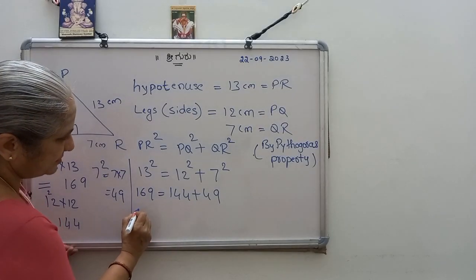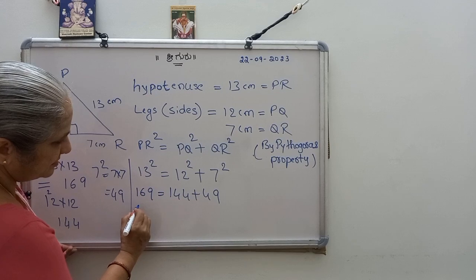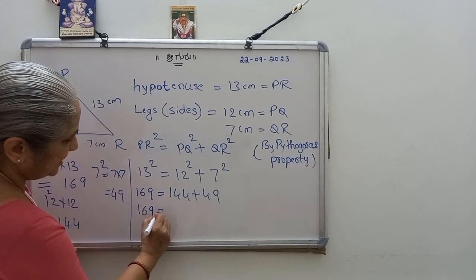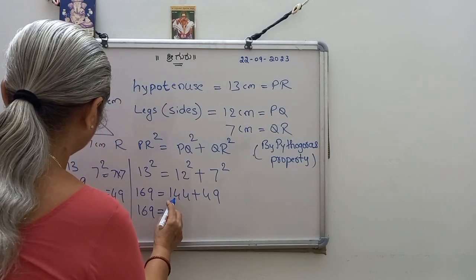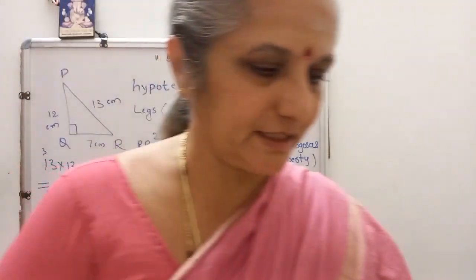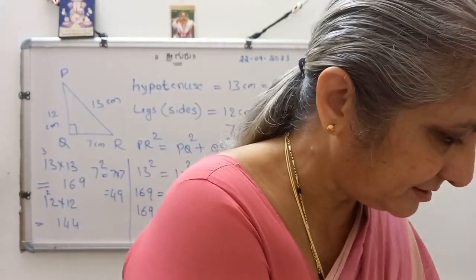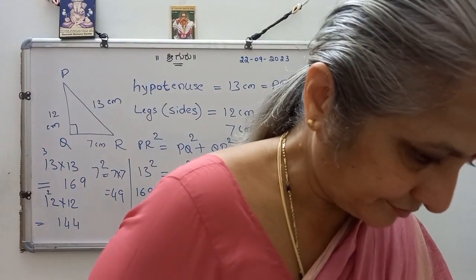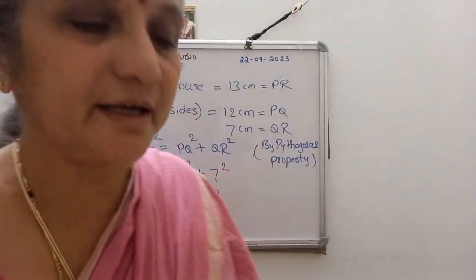So 169 is equal to... I think I made a mistake here. Let me check. Oh, it is 5, 12, 13.